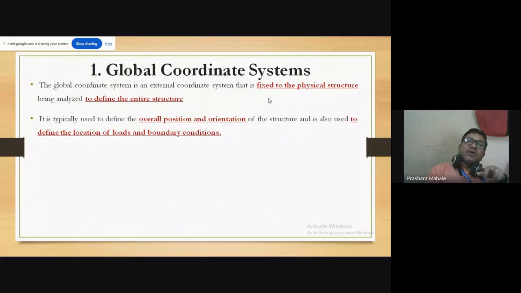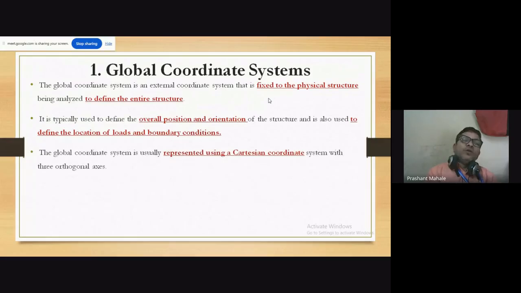In this way, for locating loads or boundary conditions, where it is fixed at zero, suppose it is fixed at 0 and at 5 meters it is free. In this way, I will use the global coordinate system for locating loads, assigning and applying the loads, and for defining the boundary conditions.